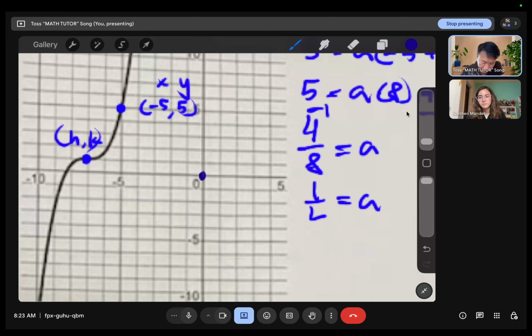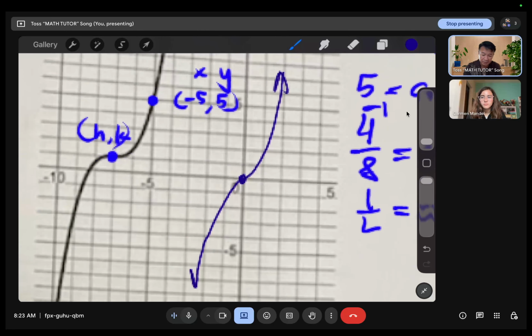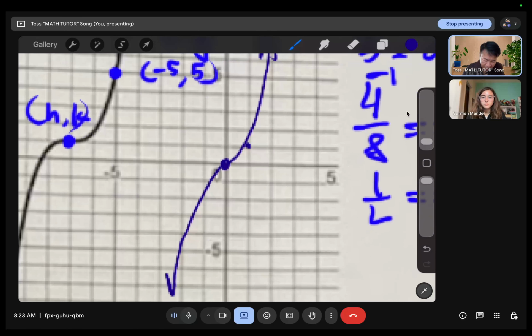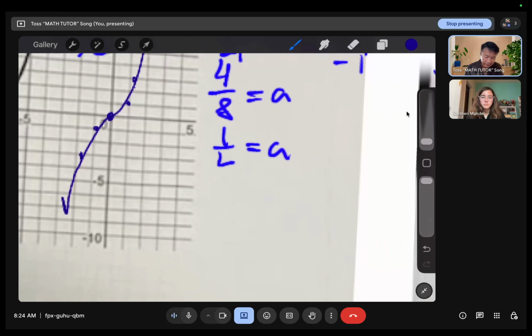First, there's no way around it, you have to know your parent function, because you have to have the base table, the parent function table, and then use it to do the transformation table for the one that you're going to graph. For this one you have to do at least, to me, five. While other ones may not. But don't worry, you don't have to know exactly where they are.